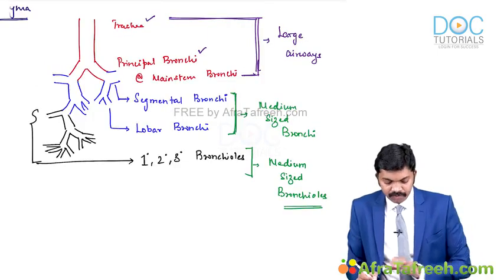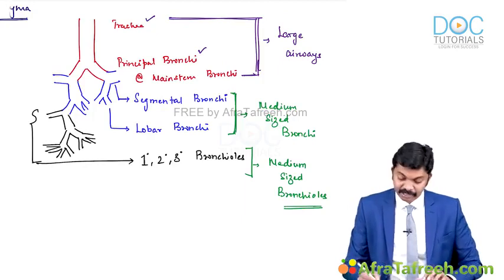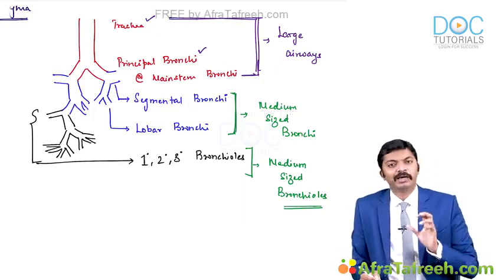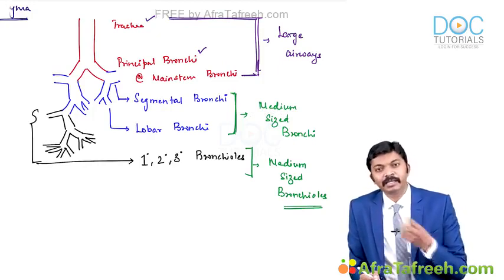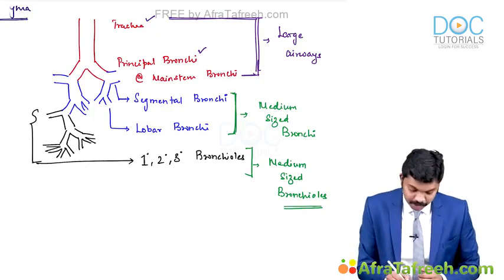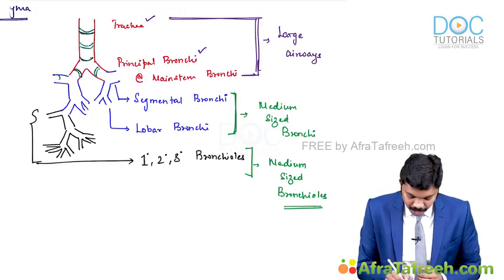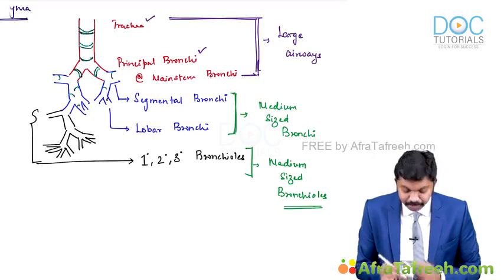Now if you look at the anatomy, my dear friends, trachea and bronchi contain cartilages in their walls. The trachea has cartilaginous rings, whereas bronchi have cartilaginous rings, and certain bronchi don't have rings, they have cartilaginous plates.